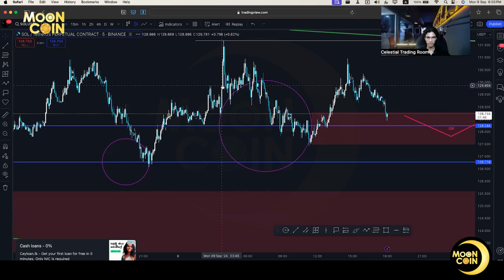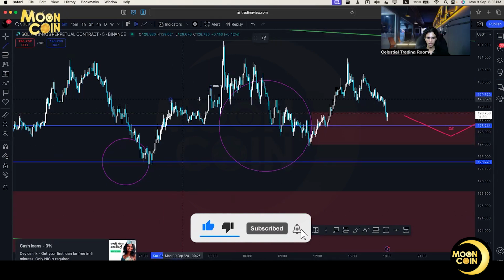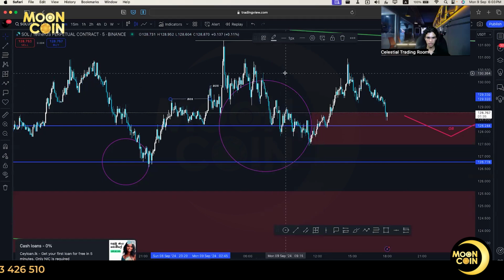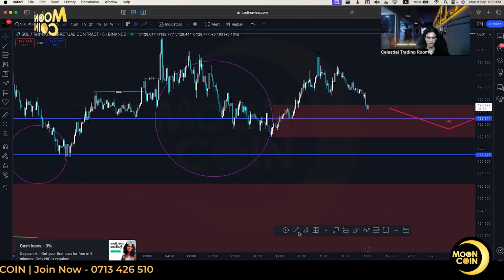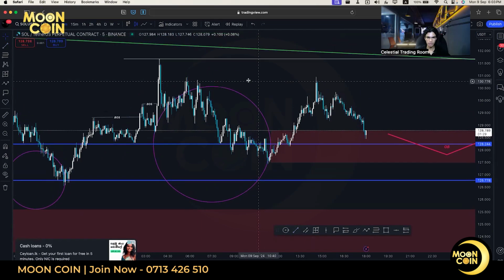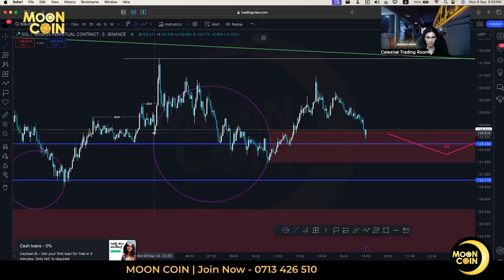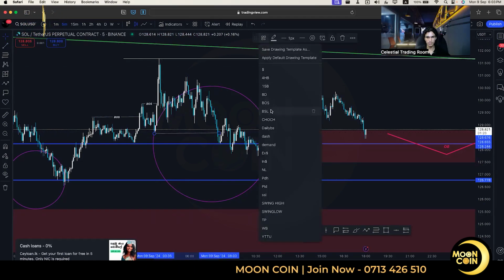We have break of structure, we have break of structure, and here we met with that break of structure. After the break of structure, the price failed to break this high, and it has broken this low, which is considered as a change of character.